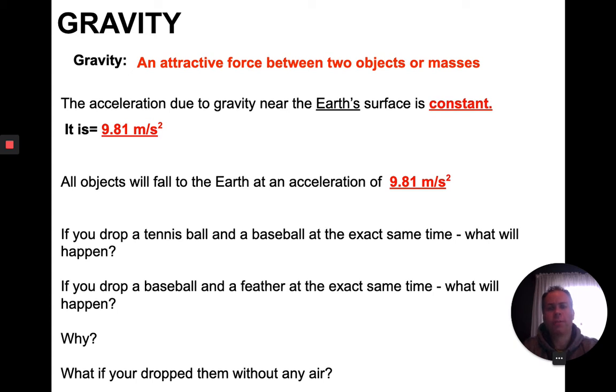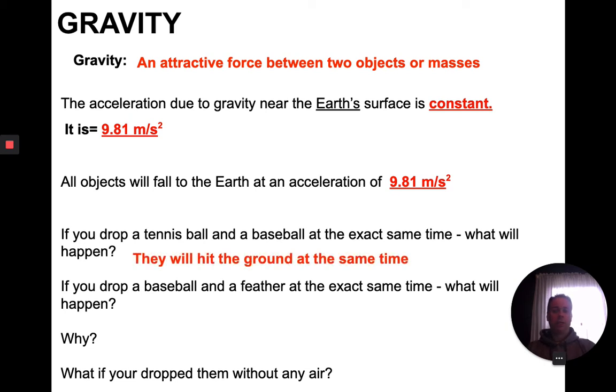So if you were to drop a tennis ball and a baseball at the exact same time, and the baseball obviously has a higher mass than the tennis ball, okay, if you drop them at the exact same time, what would you expect if acceleration is constant? You would expect them to hit the ground at the same time.